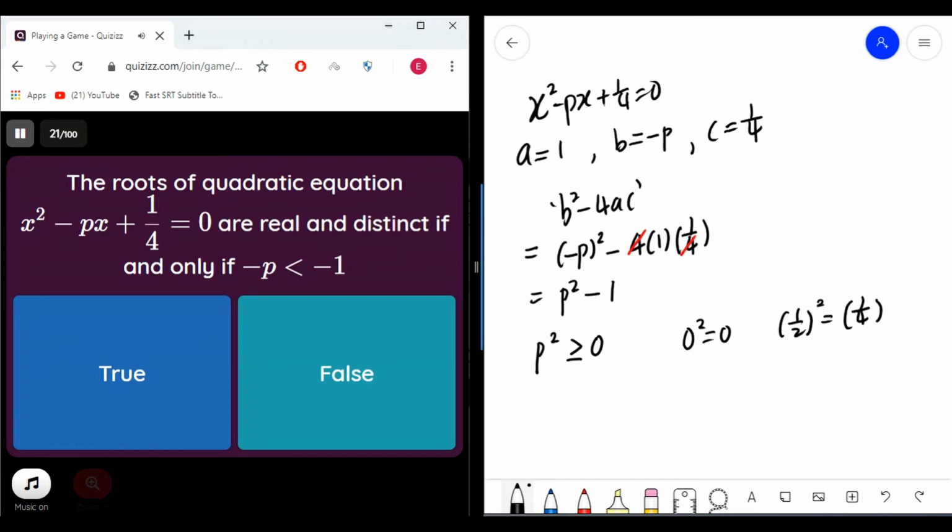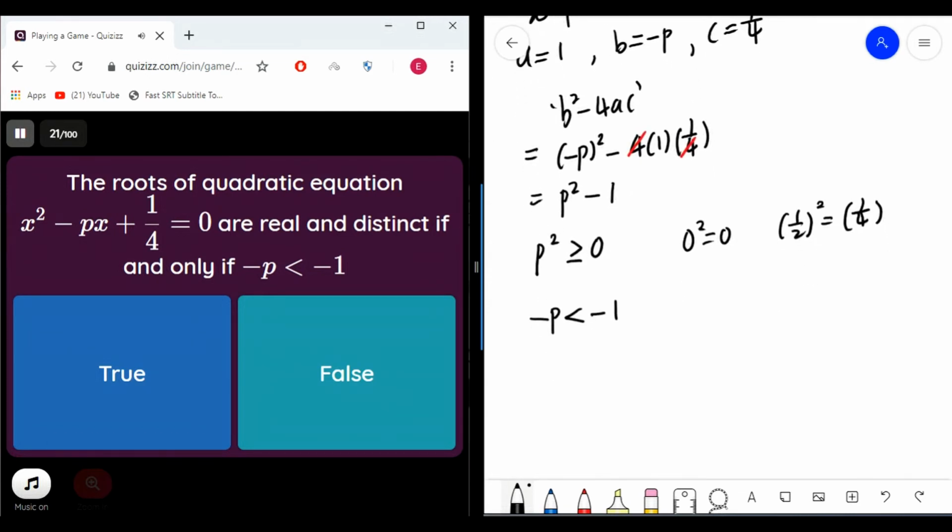But the question says negative p is smaller than negative 1. You just have to flip the sign and take away the negative. So p is greater than 1. From here, if we put these two together, we can know that p squared is always bigger than 1.